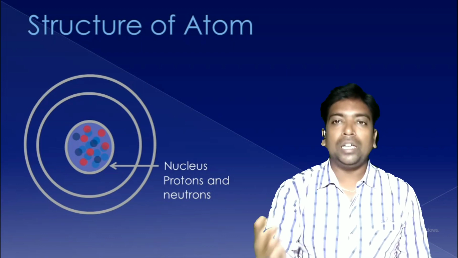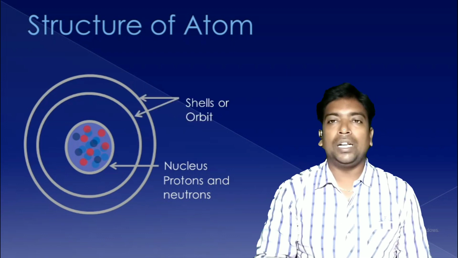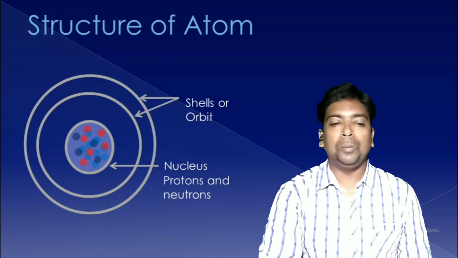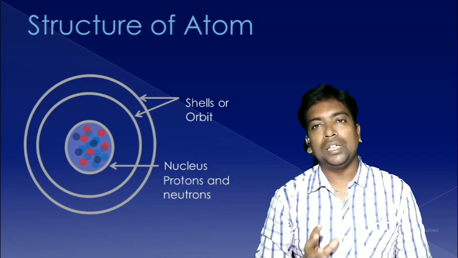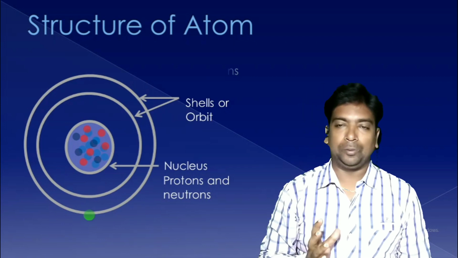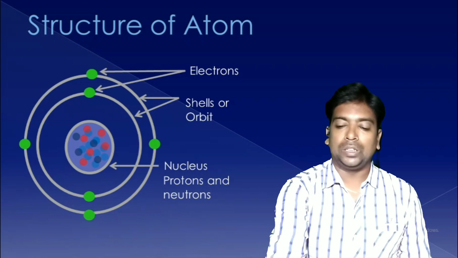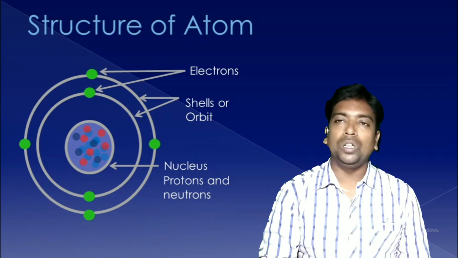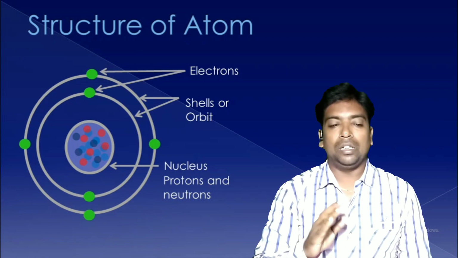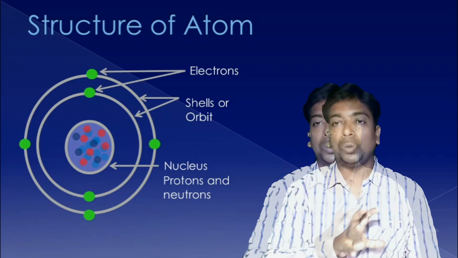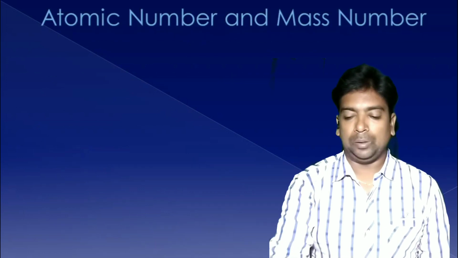Then in the extranuclear space, you can find some imaginary circular paths, and these imaginary circular paths are known as shells or orbits. Now in these shells or orbits, the electrons are revolving around the nucleus in the extranuclear space. So this shows a general idea about the structure of an atom.